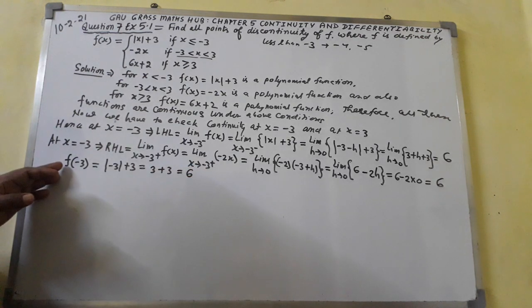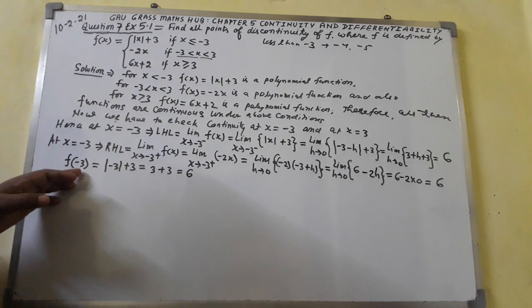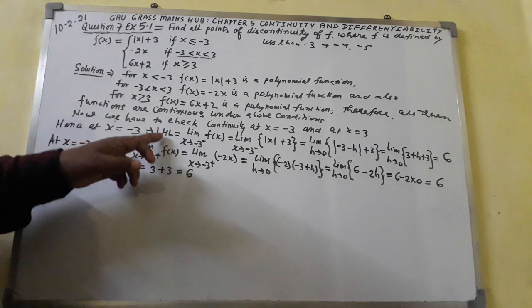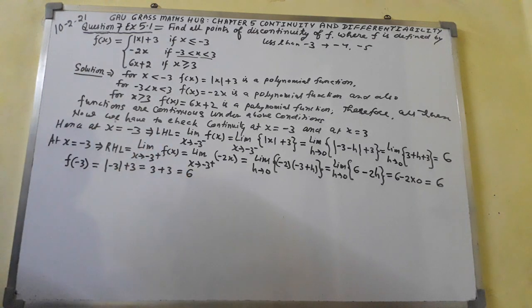So here you have got f of minus 3 is equal to right hand limit is equal to left hand limit, which comes out to be 6.